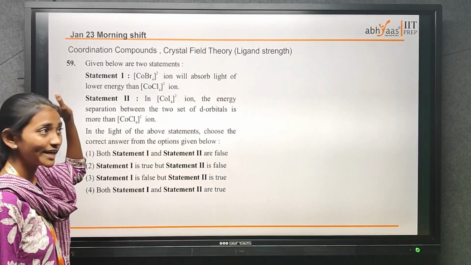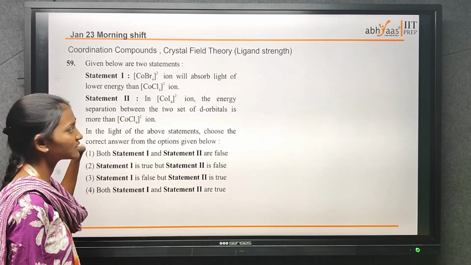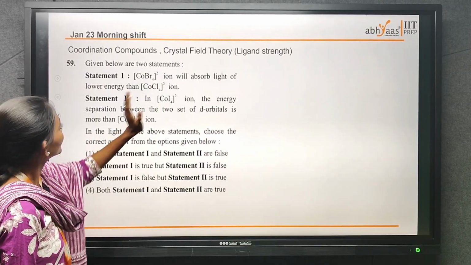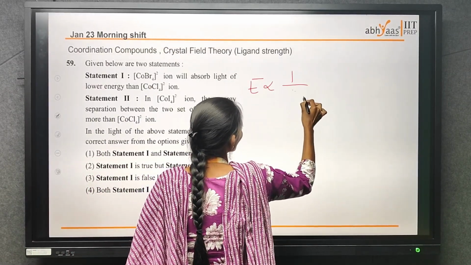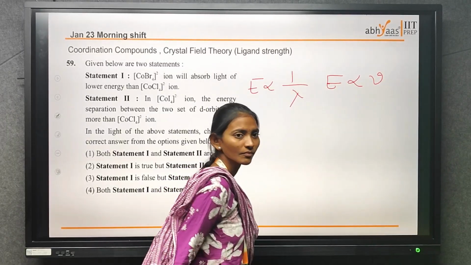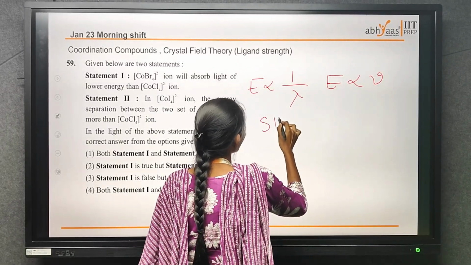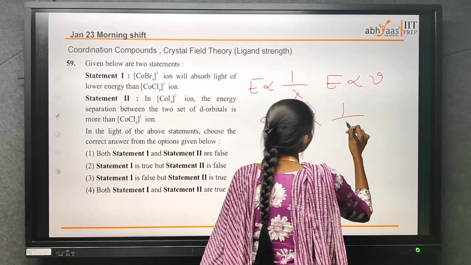Moving on to the next question. This question is from coordination compounds, from crystal field theory. They have given NCERT-based statements. Here you need to observe that energy is inversely proportional to wavelength and directly proportional to frequency, right? For a strong field ligand, energy is inversely proportional to wavelength.